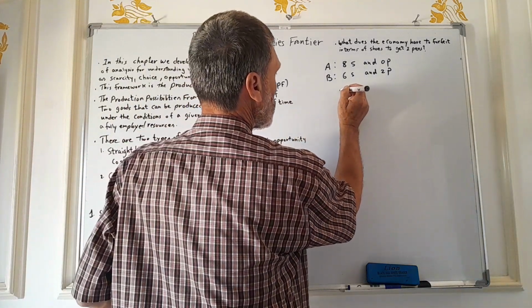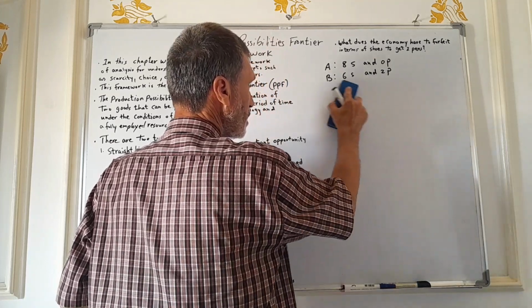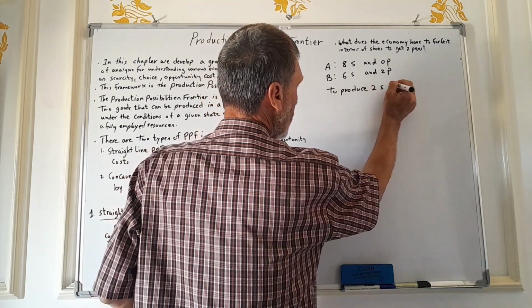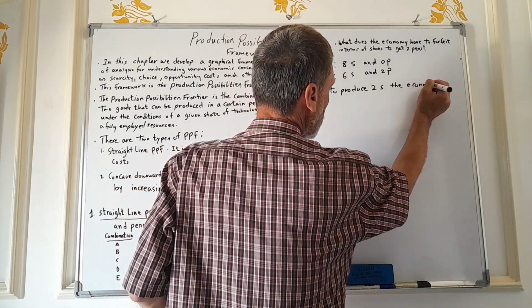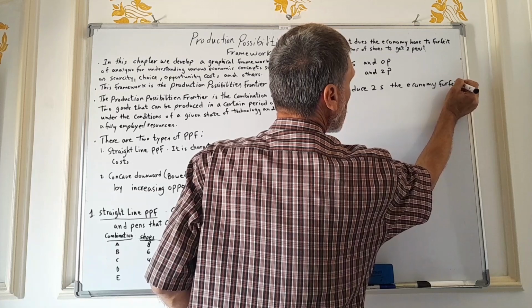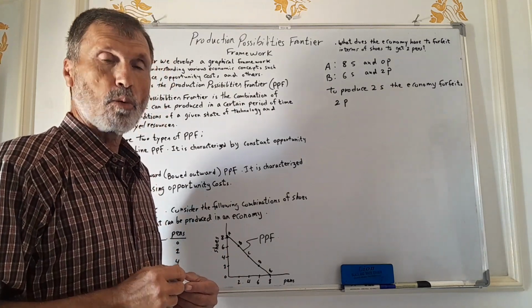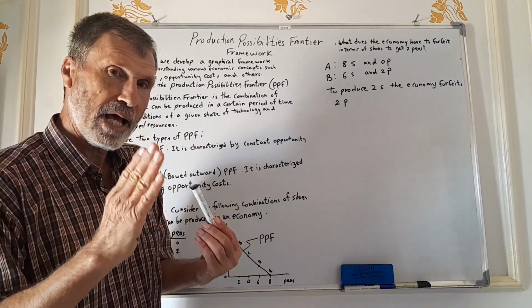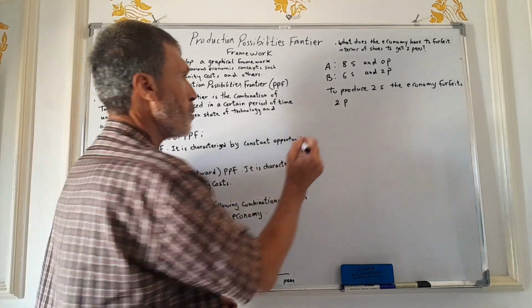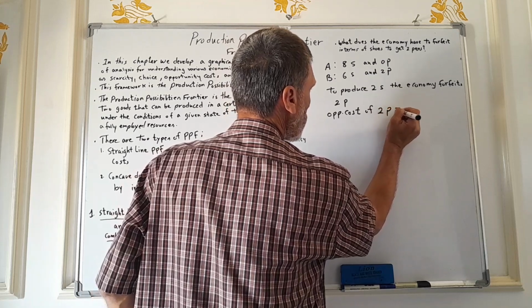So to produce 2 pens, the economy forfeits 2 shoes, which means that the opportunity cost of 2 pens is 2 shoes.